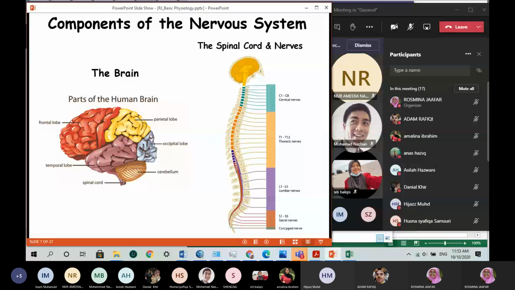The unconscious controls, such as controlling your heart, your respiratory system, digestive system, all the internal organs. You cannot say to your heart, stop beating. You cannot, your brain will control it. Even if you say, I want to stop breathing, you still breathe.